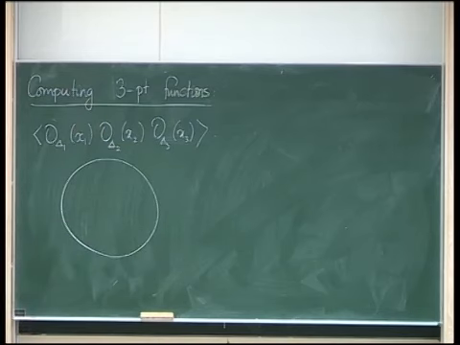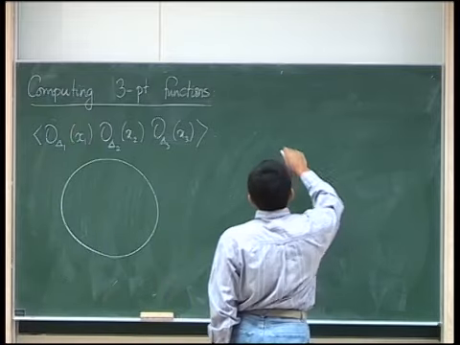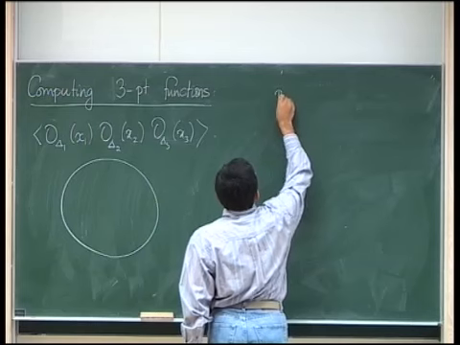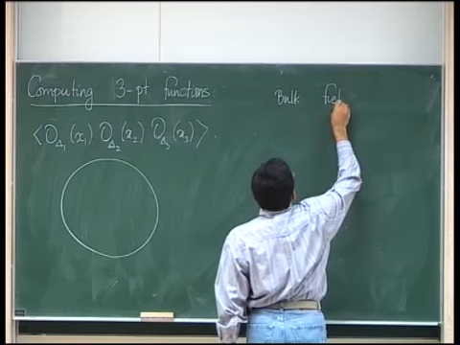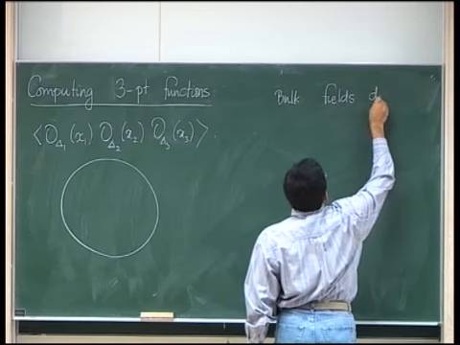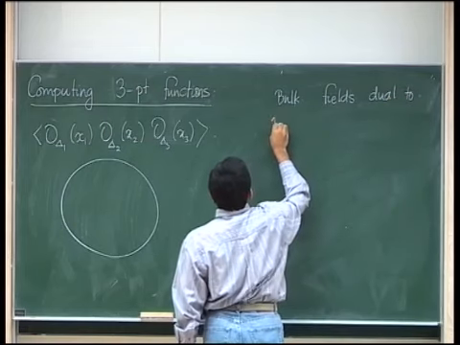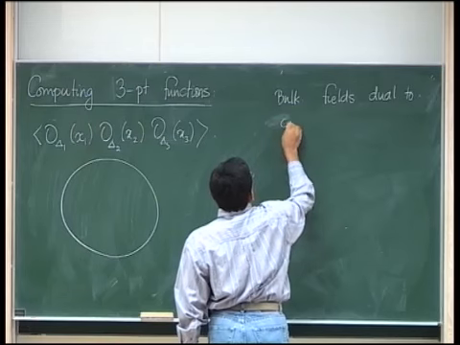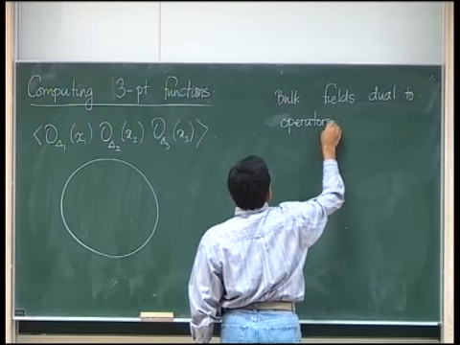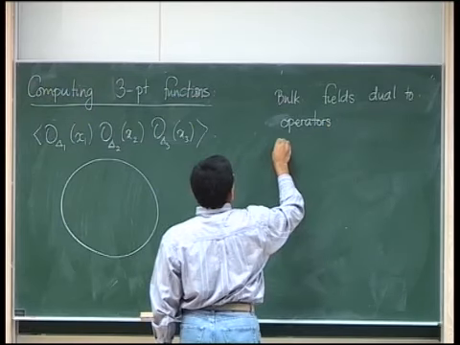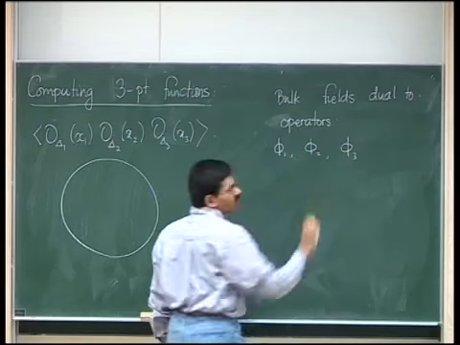So I could again look at the bulk fields dual to my operators, and let's call them phi 1, phi 2, and phi 3.